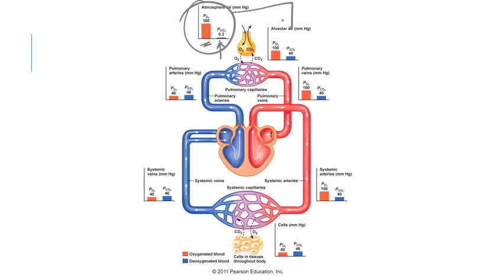As it's inhaled, touching on the previous slides, we see that PO2 is now about 100 and PCO2 is about 40 millimeters of mercury. So here, gas moves down its gradient, oxygen moves into the capillary, and CO2 diffuses into the alveoli.